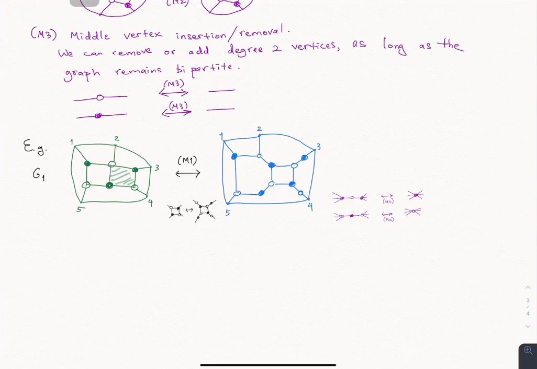Okay, so now let's see what other moves we can do to reduce the number of vertices. Let's see if we can apply M2.